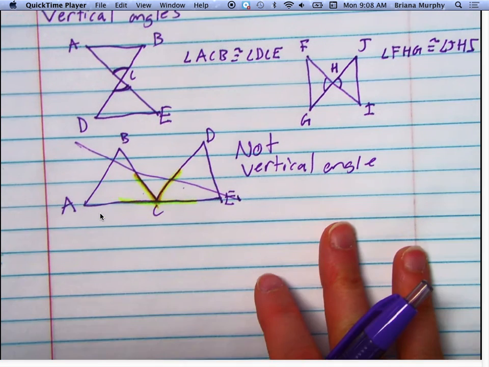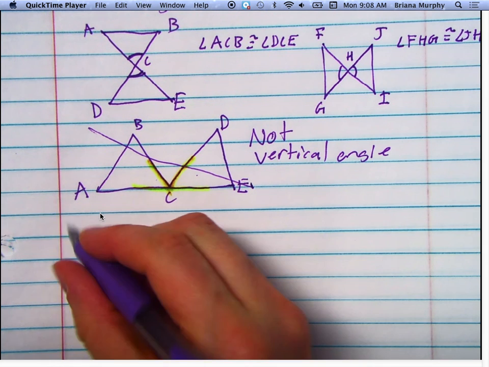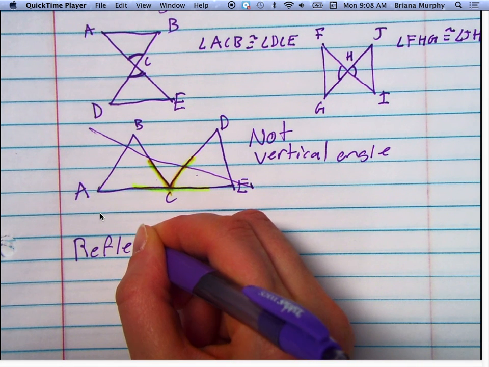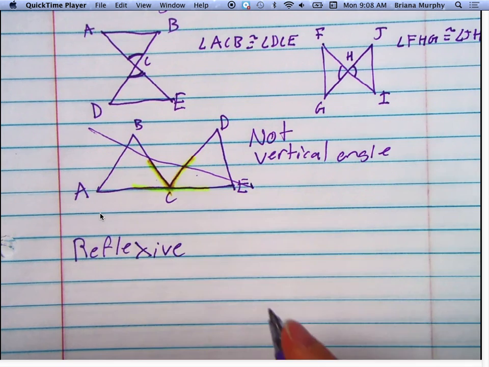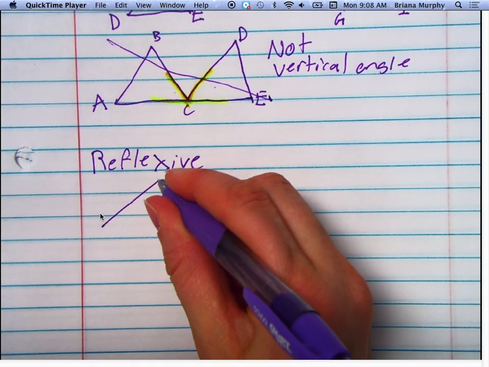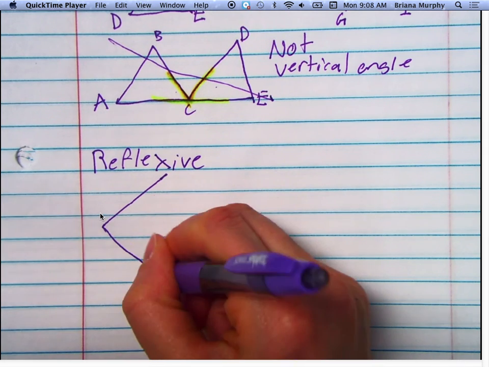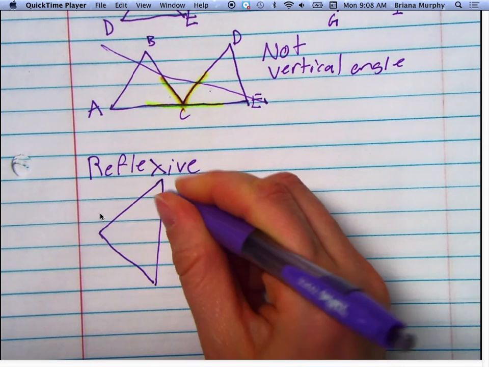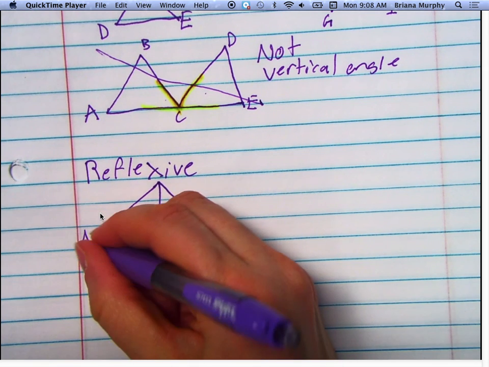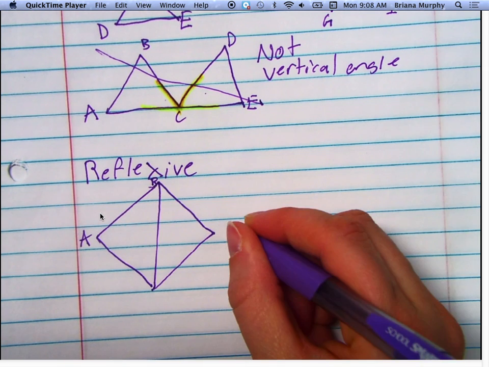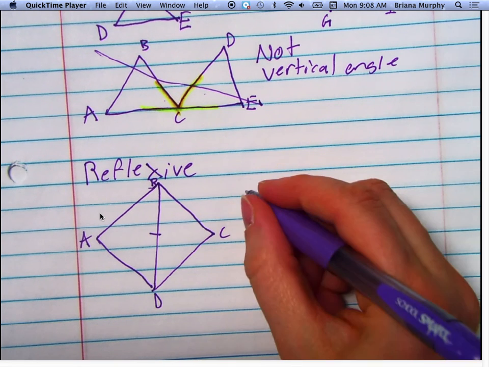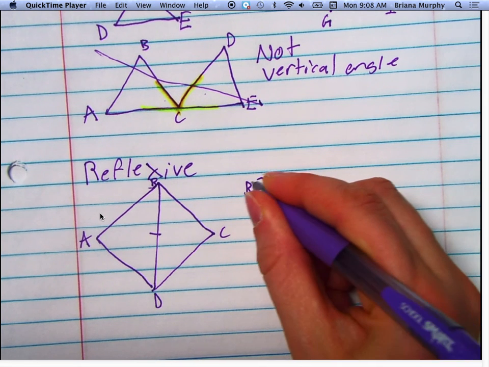Okay. Let's talk about another one we keep using over and over again, reflexive. Right, BD is congruent to BD by reflexive.